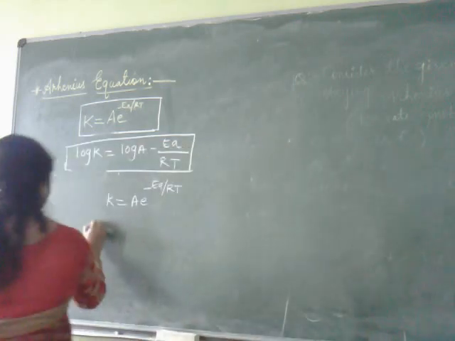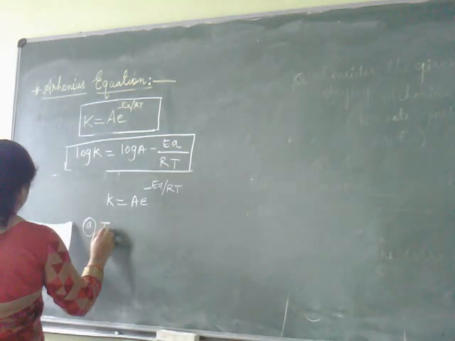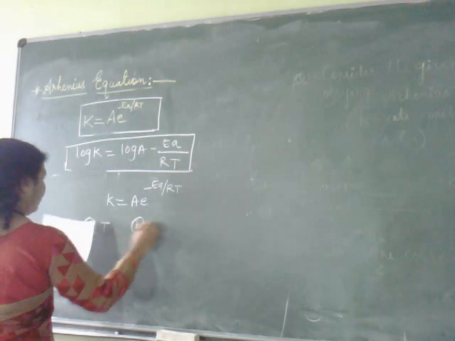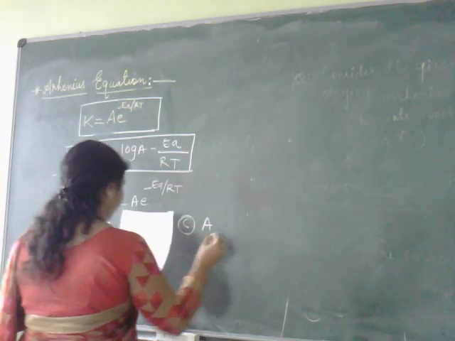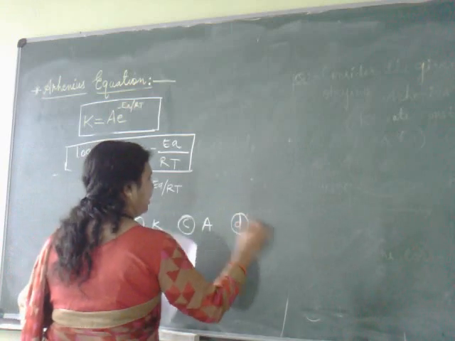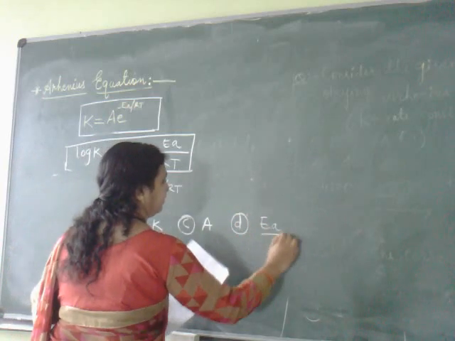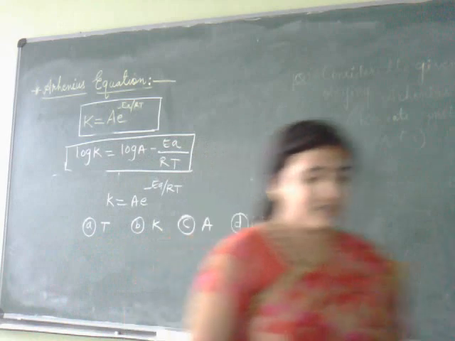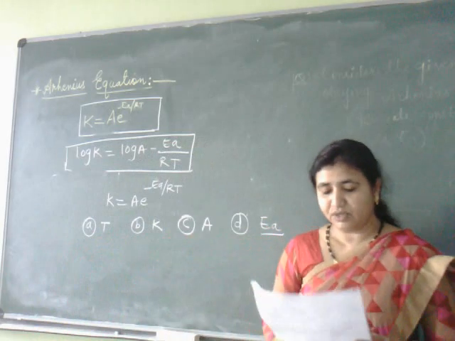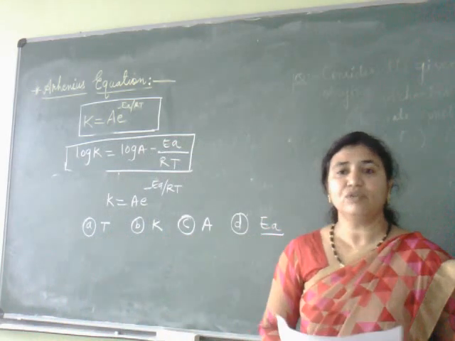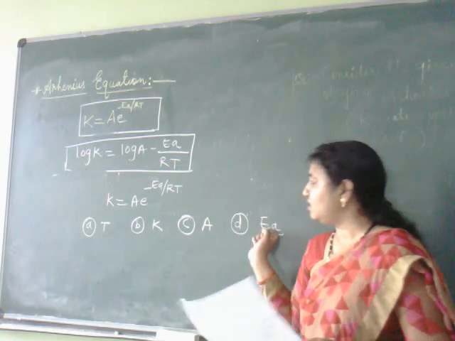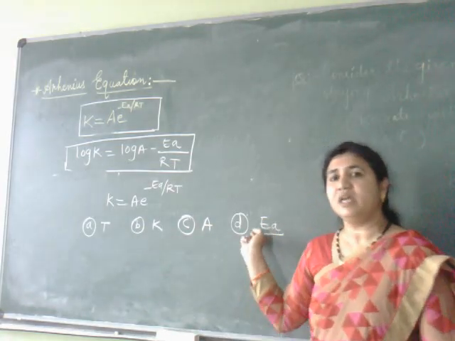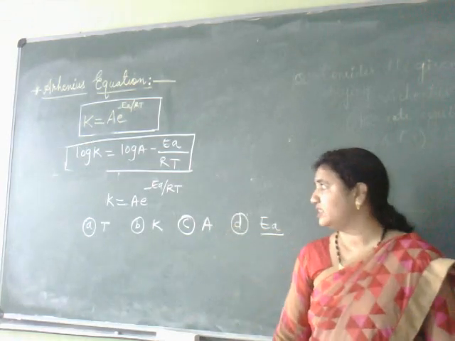The options given here are: A, temperature; B, rate constant; C, Arrhenius factor; and D, activation energy. So we need to find which factor, if we decrease it, the rate of reaction increases.